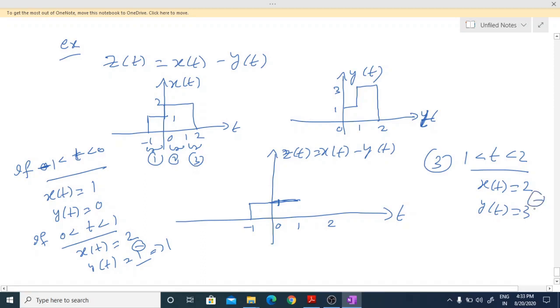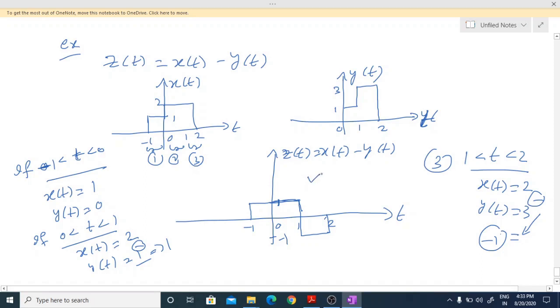If I subtract these two amplitudes, 2 minus 3 is equal to -1. So I draw the signal in between these two, where the amplitude is -1. So after subtraction, the corresponding signal z of t will be this.